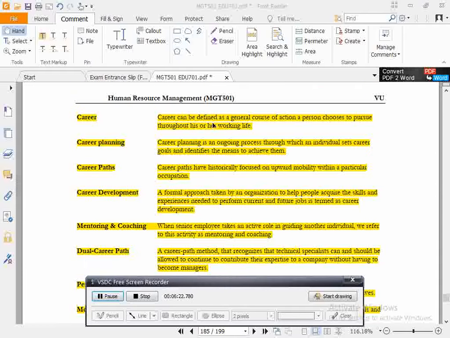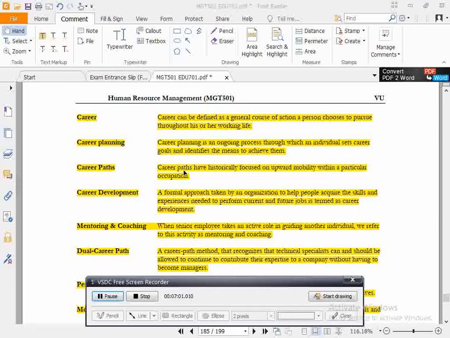Career can be defined as a general course of action a person chooses to pursue throughout his or her working life. Career planning is an ongoing process through which an individual sets a career goal and identifies the means to achieve it.